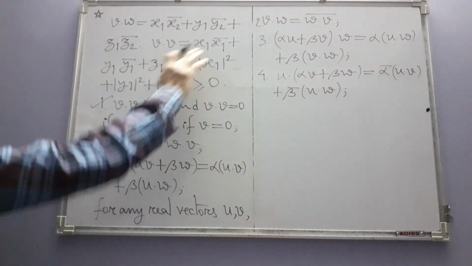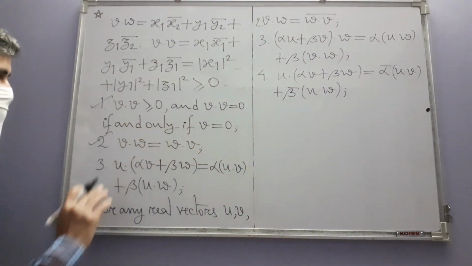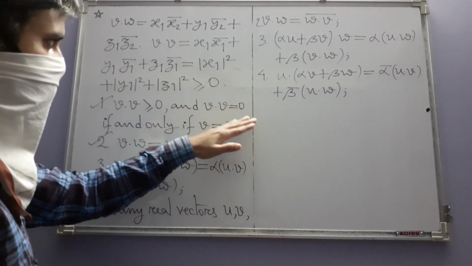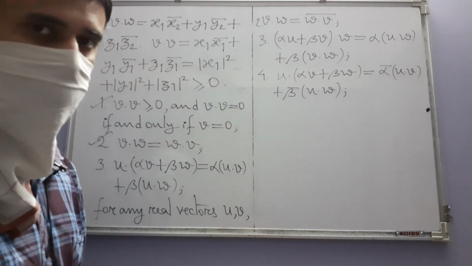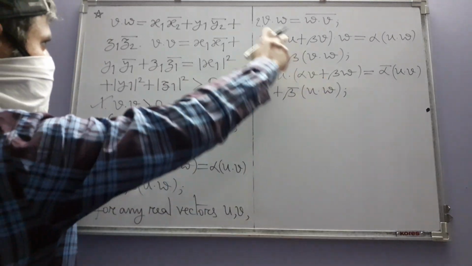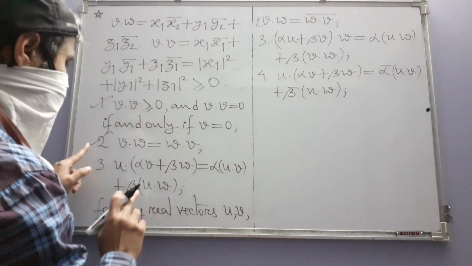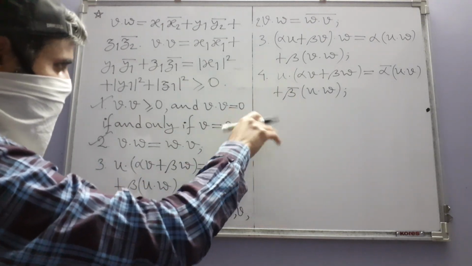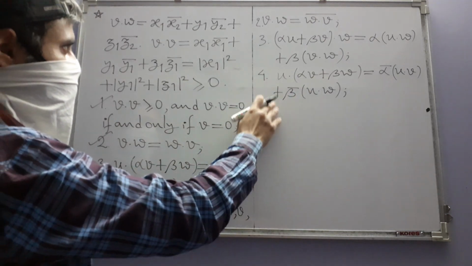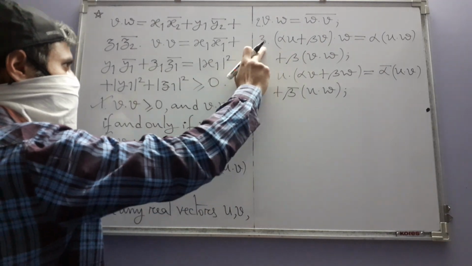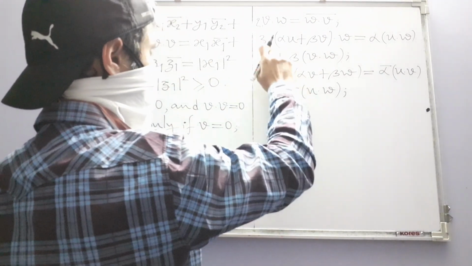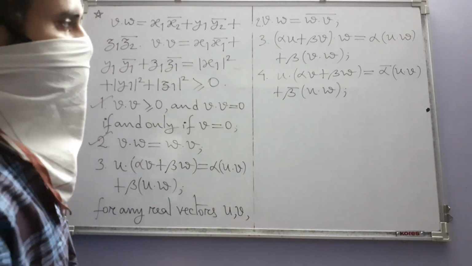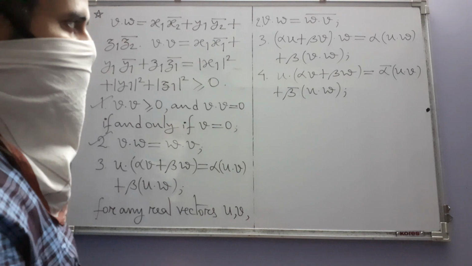I haven't written 1 again because just like in the real case, in the complex case nothing changes. 2 however changes form, so I have written 2. In place of 3 we do have 4 here, but in a slightly modified form. And the other one, there we do not need any complex conjugate. It just simply is true like this.